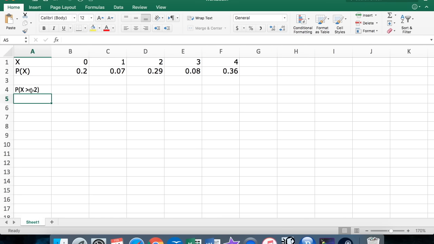We want the probability that x is greater than or equal to 2. In other words, what's the chance that in a given hour, Jim's Auto Sales sells at least 2 cars?